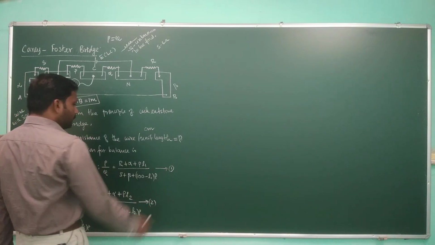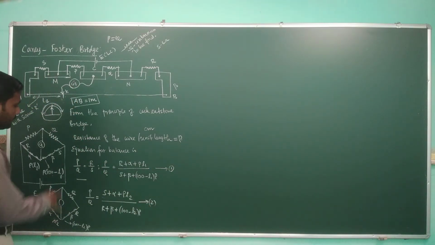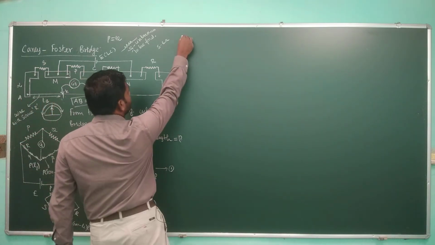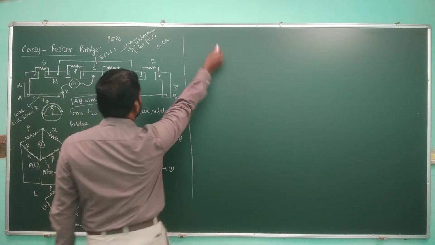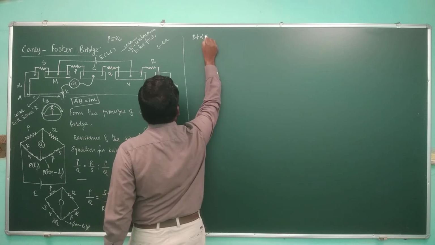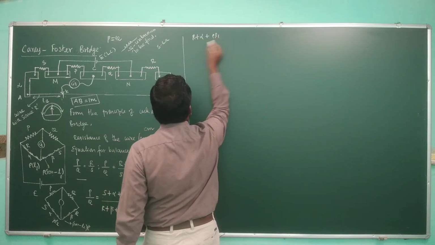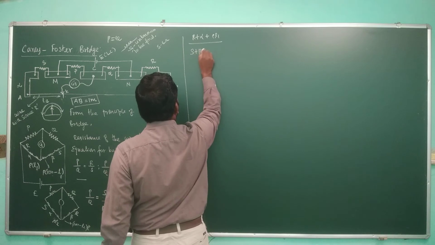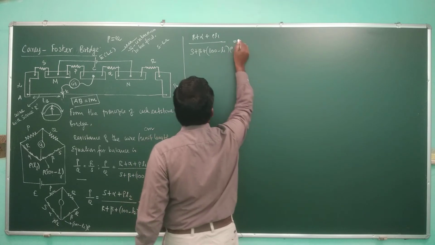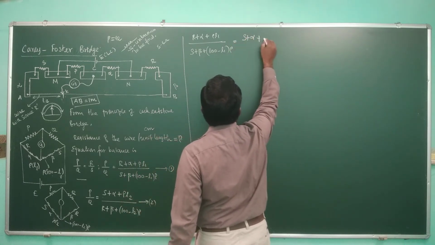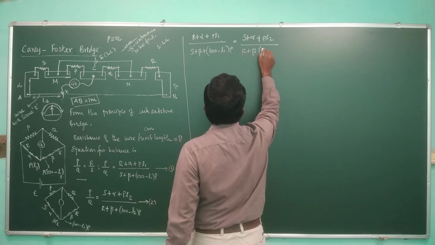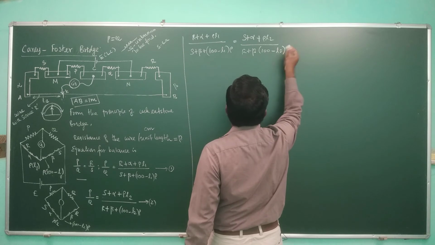If you look into these two equations, equation 1 and equation 2, the left hand side is equal, which means the right hand side should also be equal. So you can compare R plus alpha plus rho L1 by S plus beta plus 100 minus L1 multiplied by rho, which is equal to S plus alpha plus rho L2 divided by R plus beta plus 100 minus L2 into rho.